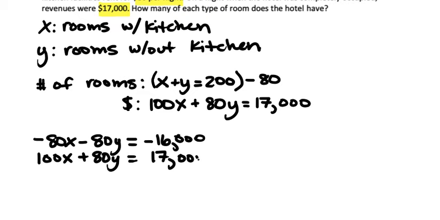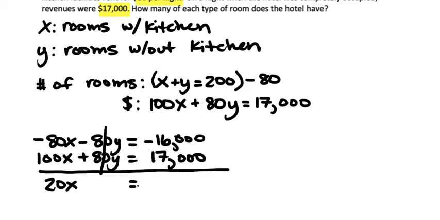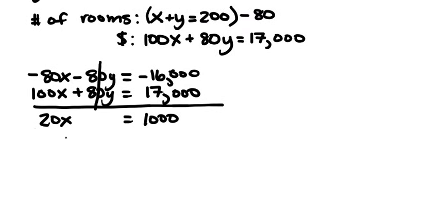And then I can add the equations together. So we get 20x, this cancels out, equals 1,000. And lastly, I can divide both sides by 20, and that gives me x equals 50.